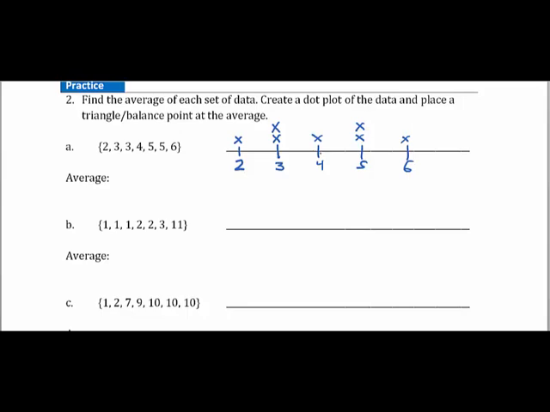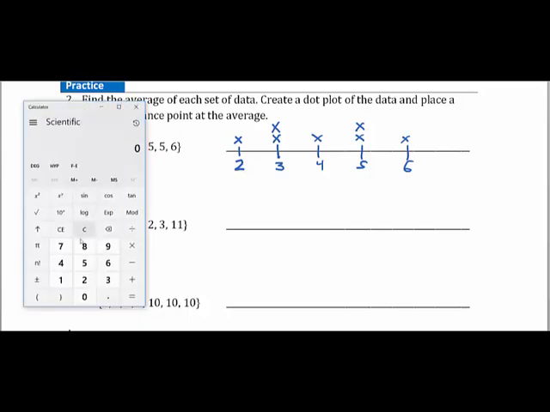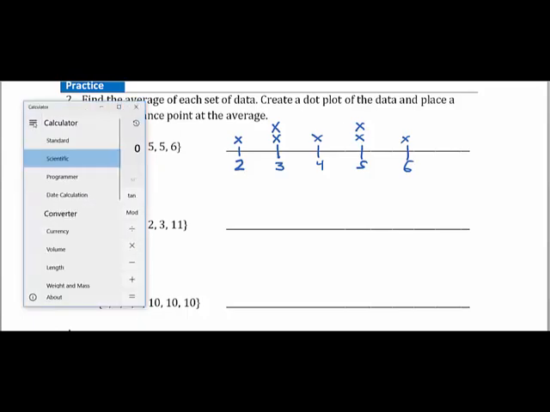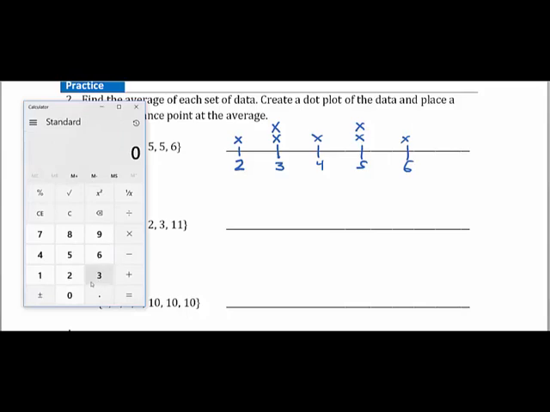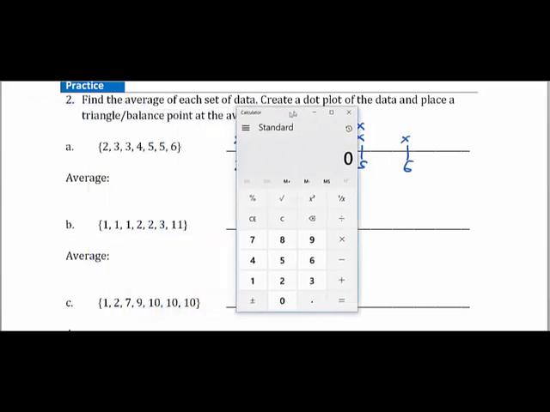Now what I'm going to do is actually run the actual average. There's one of 2 ways you can run an average. You can run an average with a normal calculator or a graphing calculator. A normal calculator would be pretty straightforward. You could just type in your numbers as you see them.